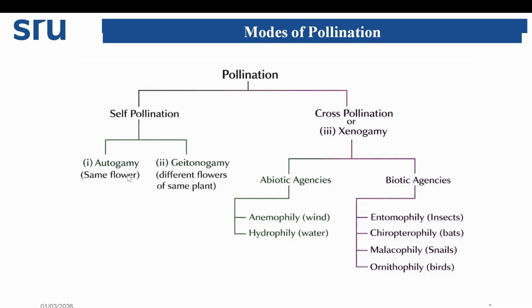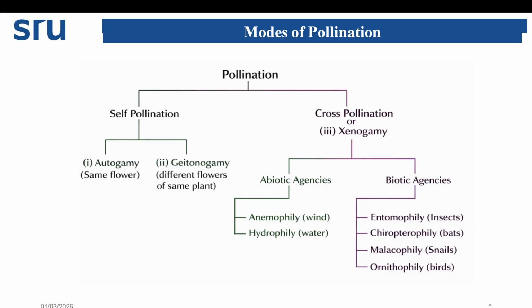Self-pollination includes autogamy and geitonogamy. Autogamy means transfer of pollen from anther to stigma of the same flower, right? And geitonogamy means transfer of pollen from the anther of one flower to the stigma of another flower but of the same plant.